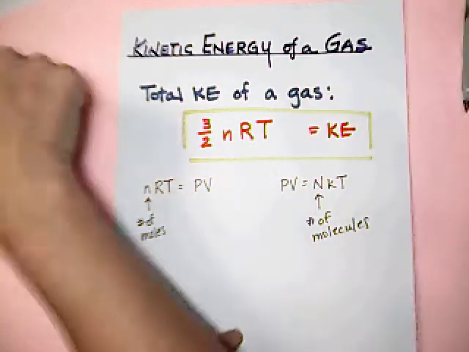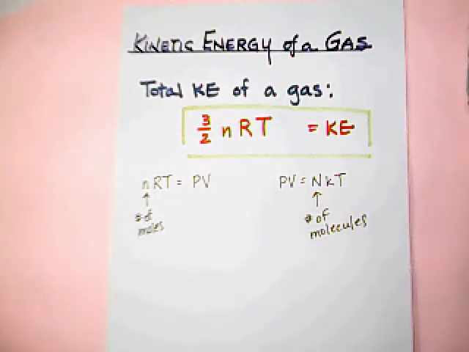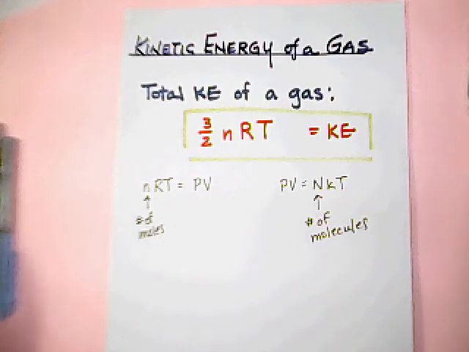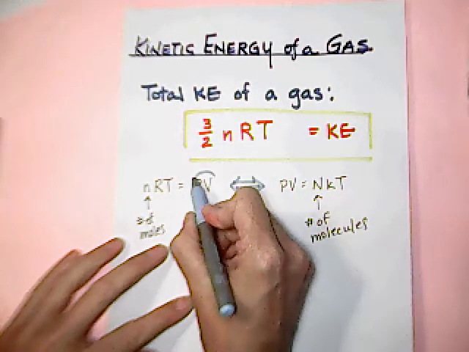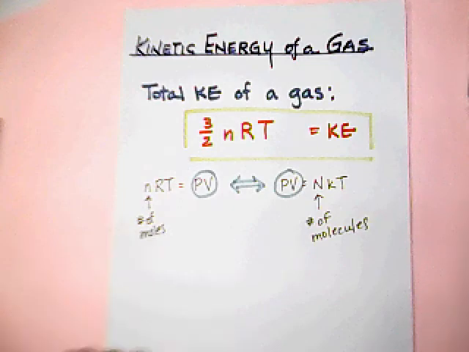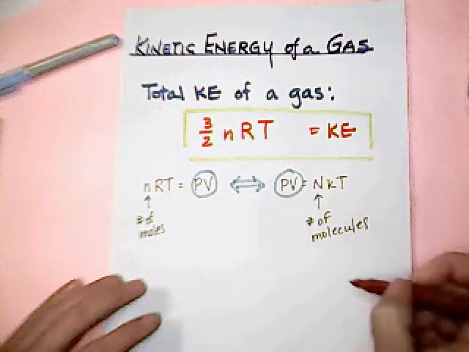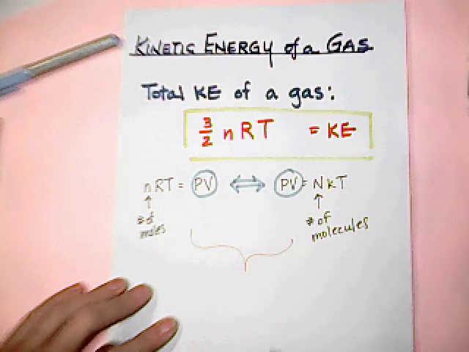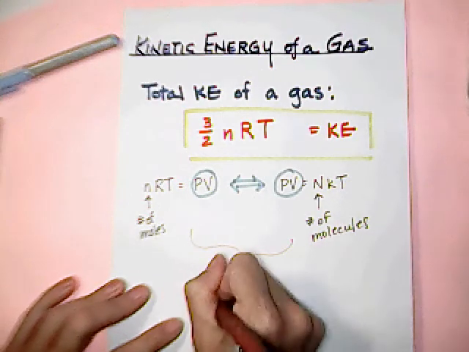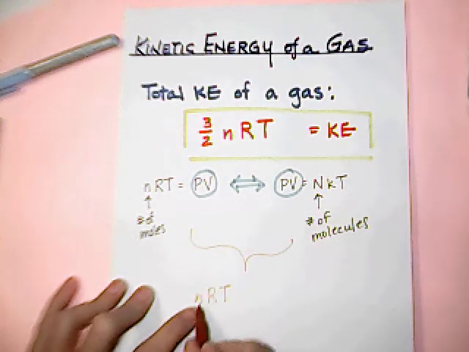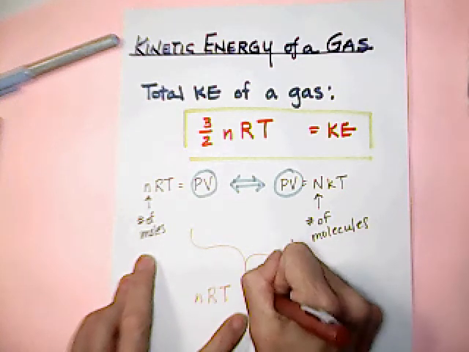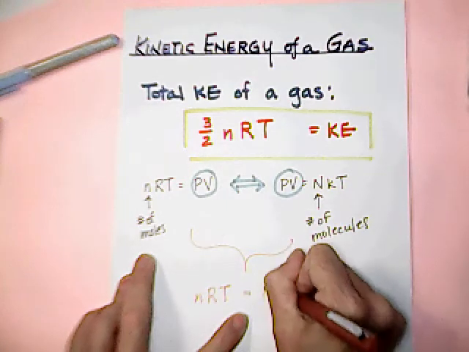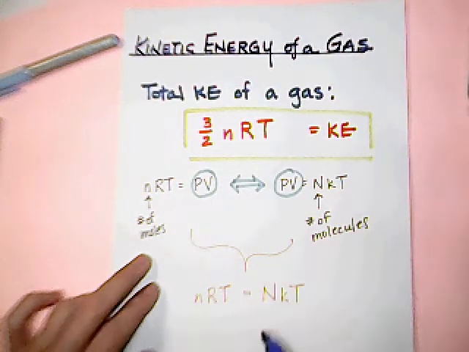If we're talking about the same gas, if you make the connection that these two are the same, then what you can do is say, okay, in reality, the number of moles times R times the temperature equals the number of molecules times k times the temperature.